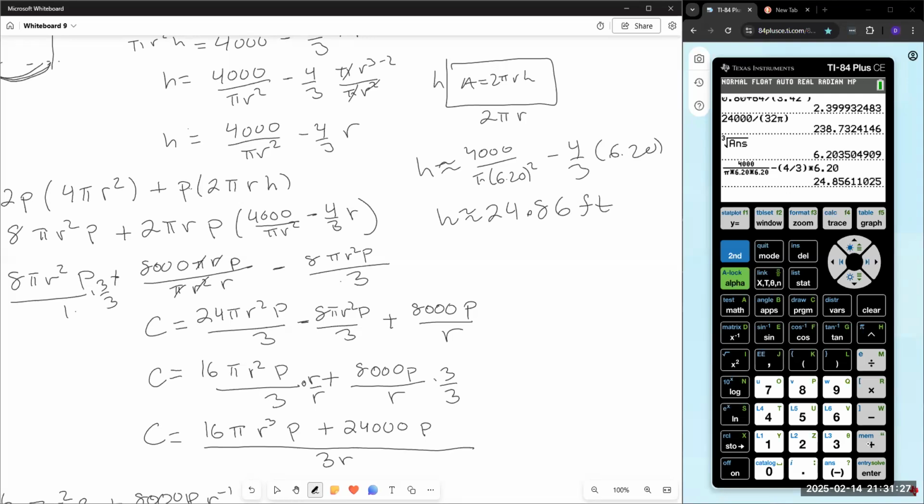This is feet. This was H, and we said that r was about 6.20 feet.